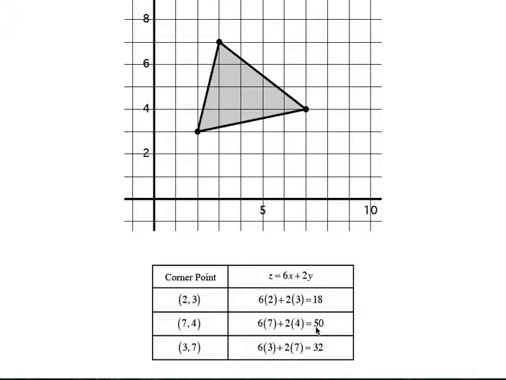So 42 and 8 is 50. So that's the value of z at this point. And then at this corner point, x is 3, y is 7. That's 6 times 3 is 18, 2 times 7 is 14, 18 and 14 is 32. So the value of z at this point is 32. And so we have a maximum on this region of 50 at the point x is 7, y is 4.